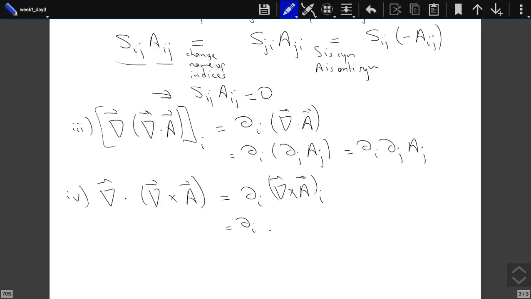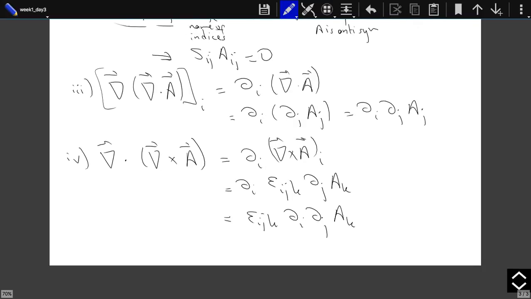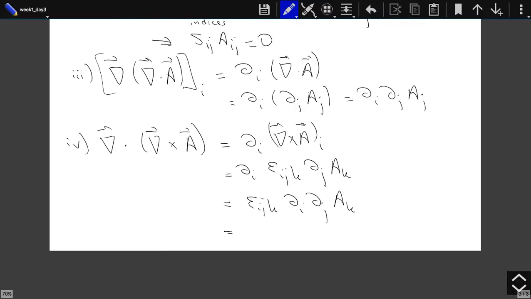This is del i. Well, the i component of the curl is, again, we will use the epsilon tensor, epsilon ijk del j A_k, or let us write this as epsilon ijk del i del j A_k, which is 0.